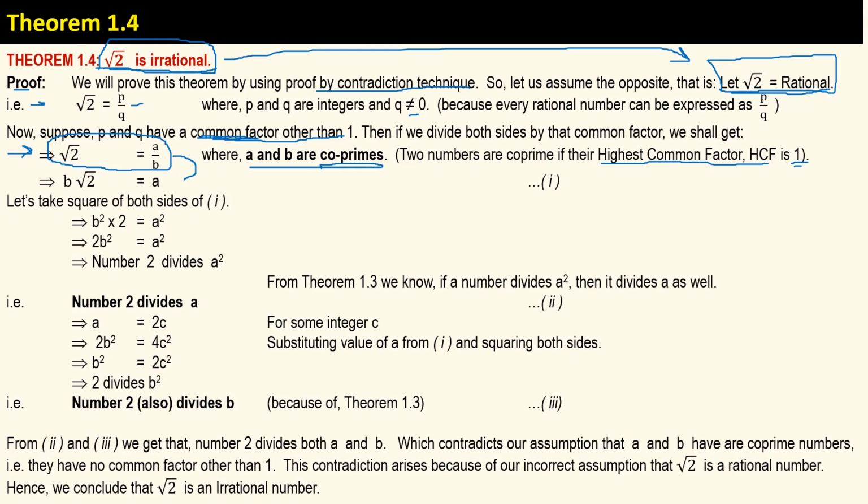And then if we simplify this equation, we get b multiplied by square root of 2 is equal to a, and let's call this our equation number 1. Now let's take the square of both the sides and we get 2b square is equal to a square, and this implies that number 2 divides a square.